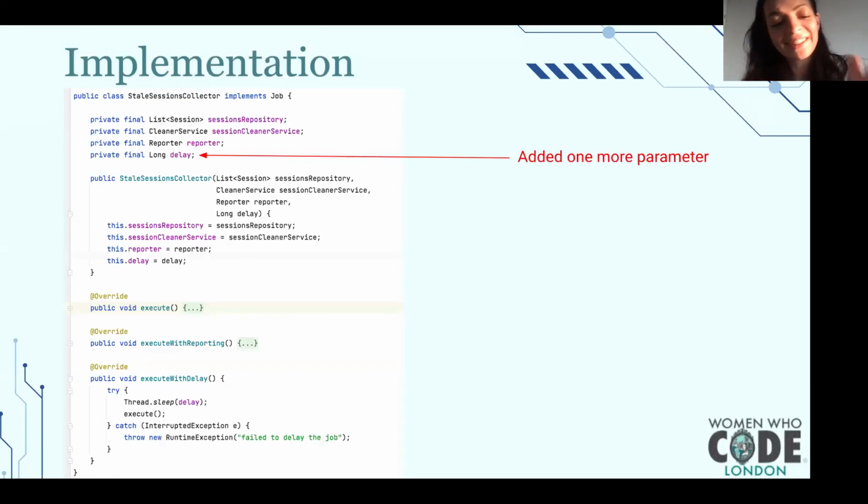We put it in the constructor, and we put in a new method, execute with delay. We can suspend our program, for example, by Thread.sleep with the delay. Because it's a thread, we also need to catch the InterruptedException, and we create a new exception with some details of what's happening. And then we just execute, or execute with reporting.